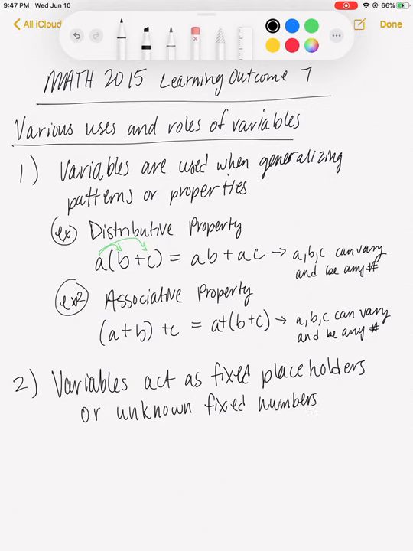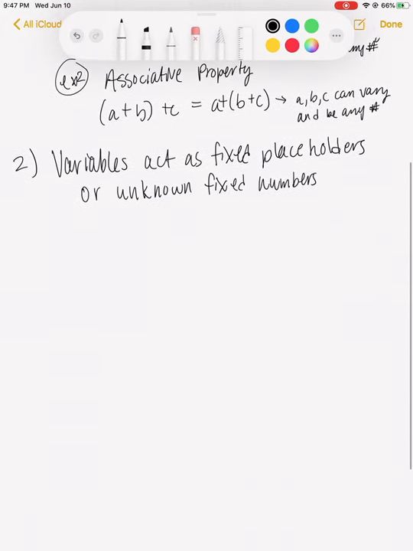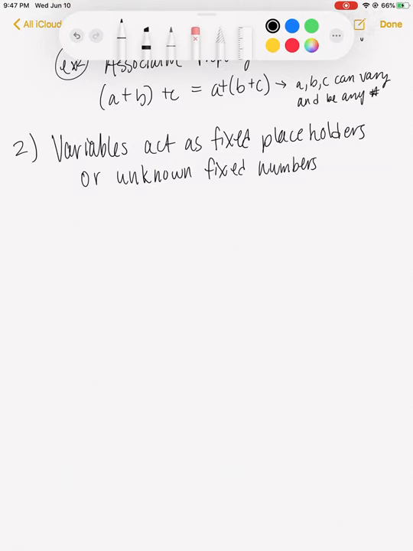So in number 1, the variables in the relationships can be any number. But there are some relationships where we don't know what the variable is, but they cannot be any number.